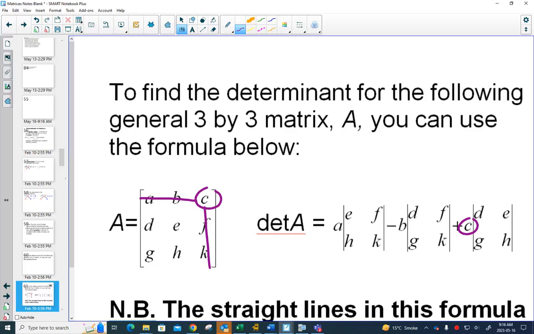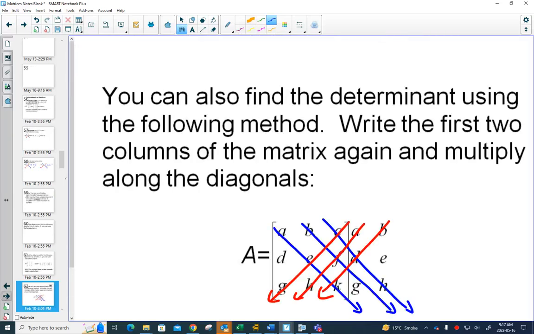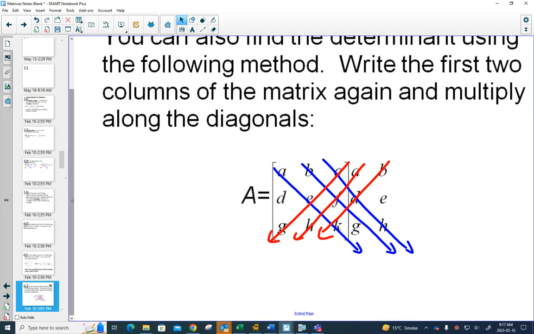And then it goes positive, negative, positive. But I find that you can do a similar thing to what we did in the 2 by 2, because I find those arrows really easy to remember. We can do a similar thing with a 3 by 3. You rewrite the first 2 columns, and that will give you 3 diagonals in the positive direction.